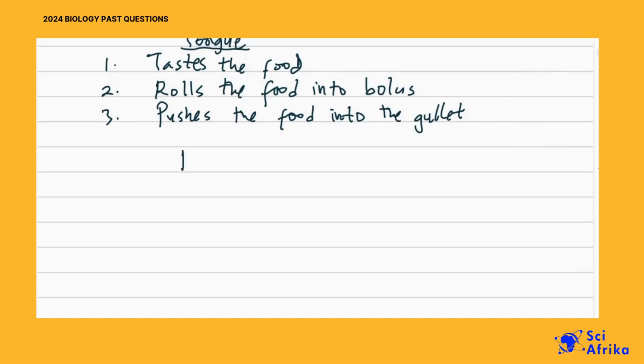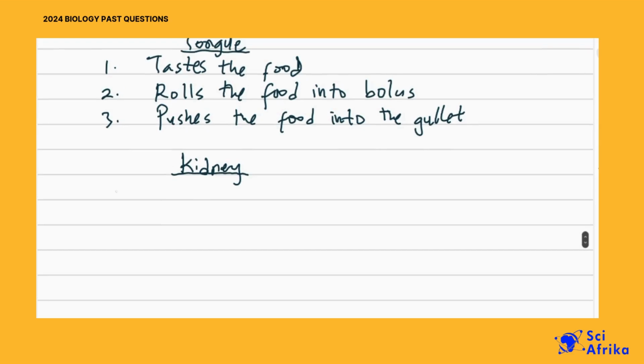Then let's go down to the next organ, which is the kidney. What role is played by the kidney in this process after the person has taken the food? What does the kidney do? We have number one, the kidney helps to excrete excess salt from the body, since the food is salty.